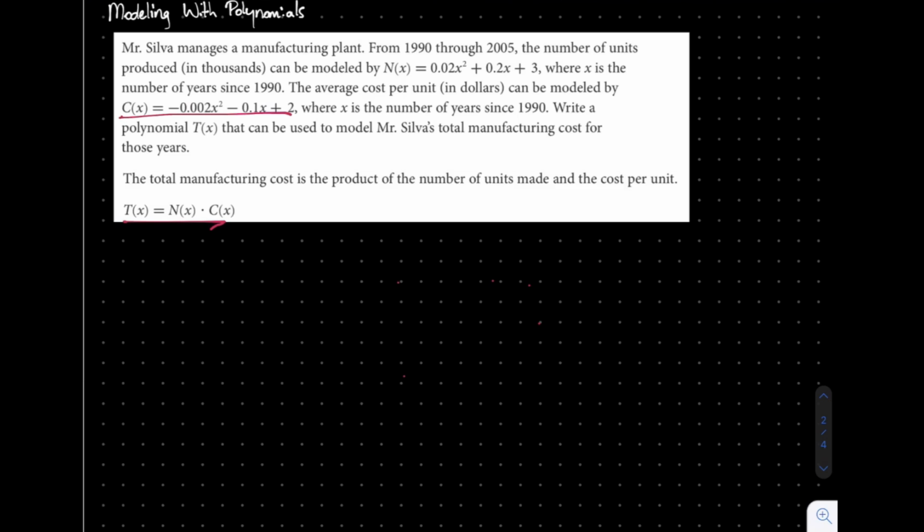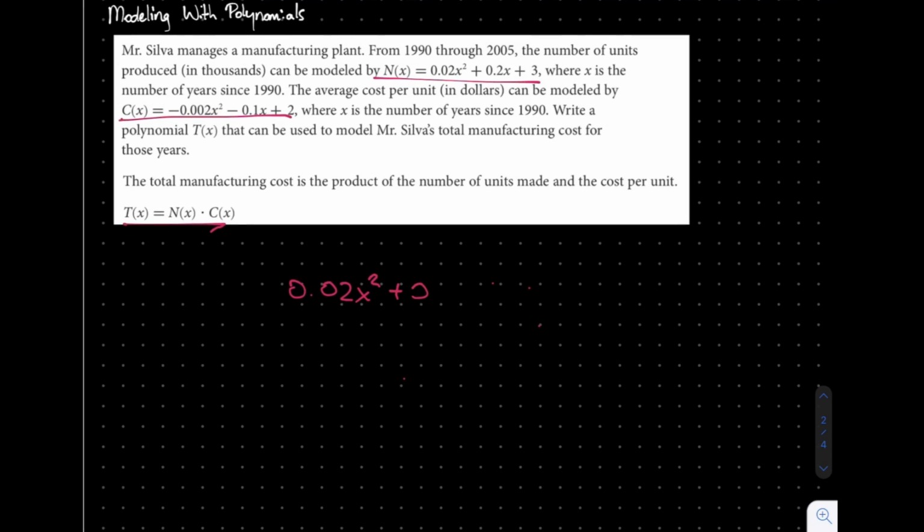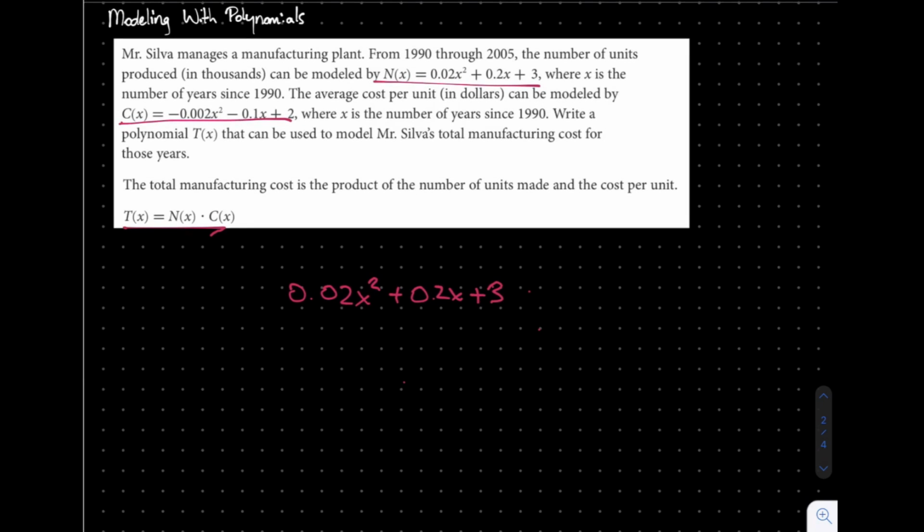So we'll just take those two functions given in the problem and multiply them together. So 0.02x squared plus 0.2x plus 3, and negative 0.002x squared minus 0.1x plus 2.